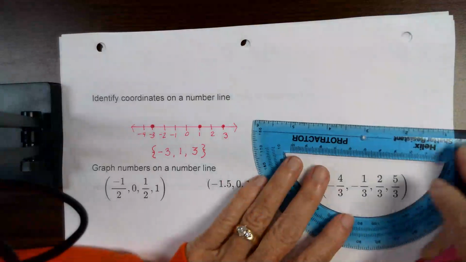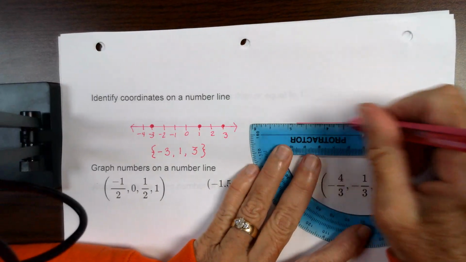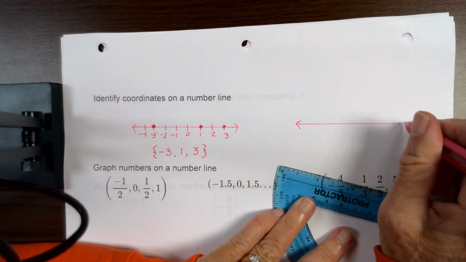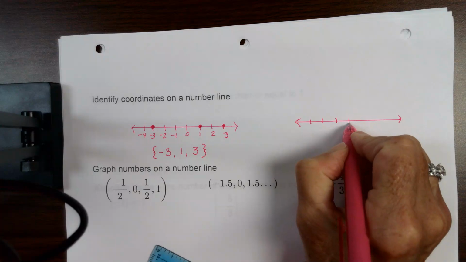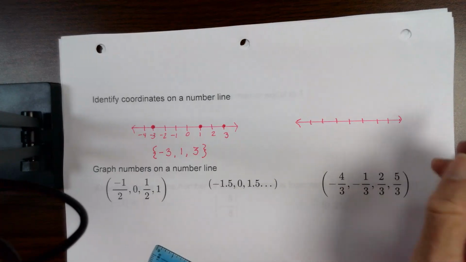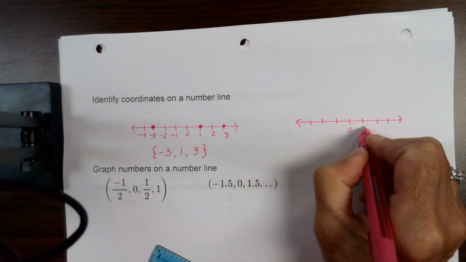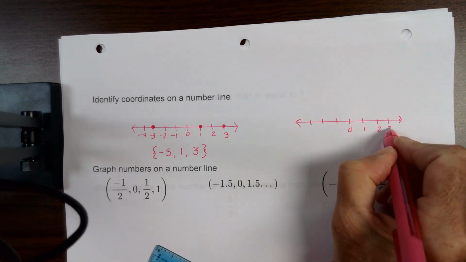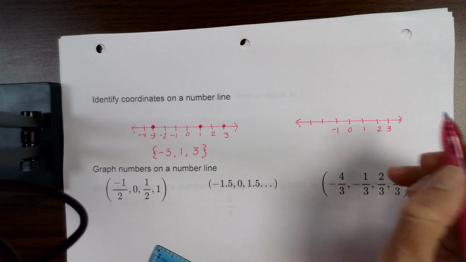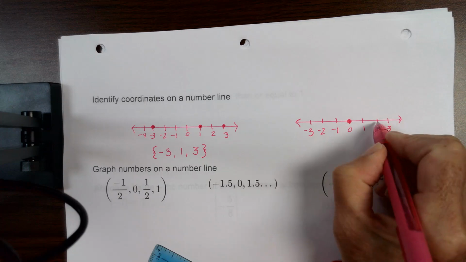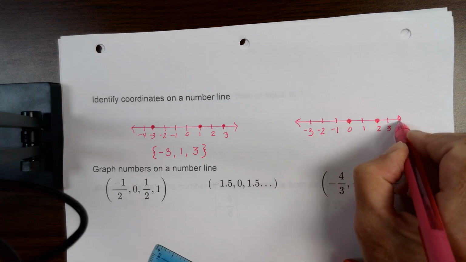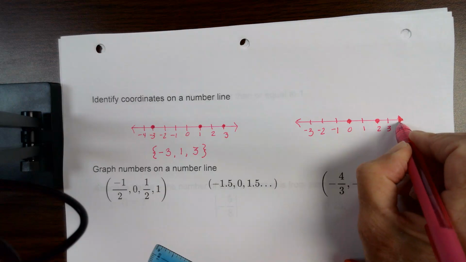Occasionally what they do is they give you a number line and they highlight or deepen in color one side. So let's say I have 0, 2, and that's a deeper color.